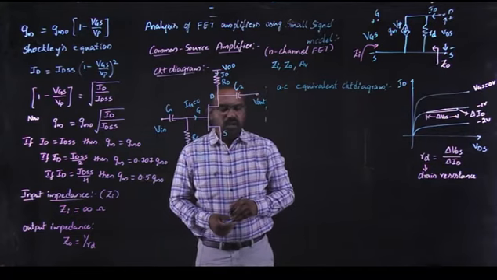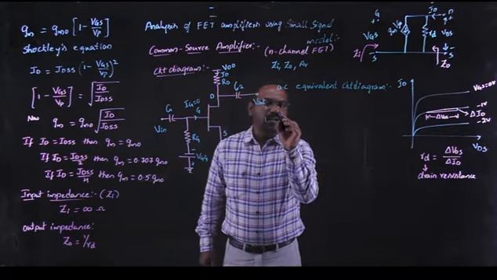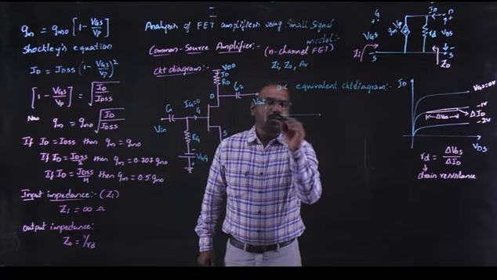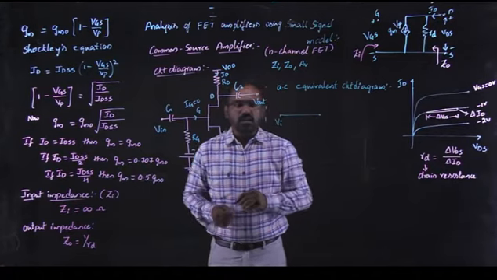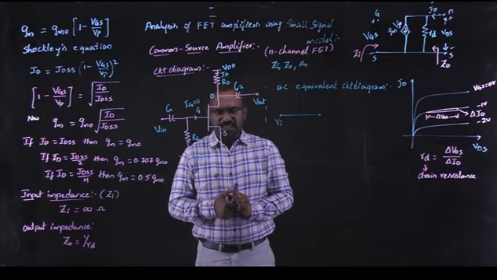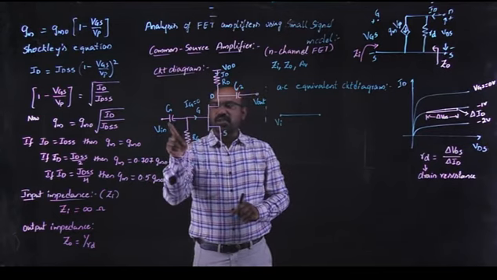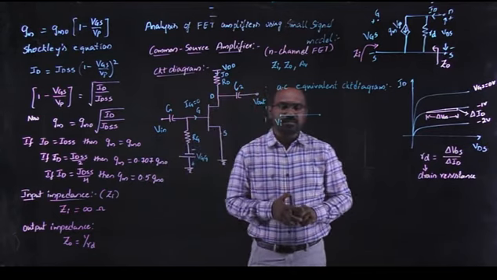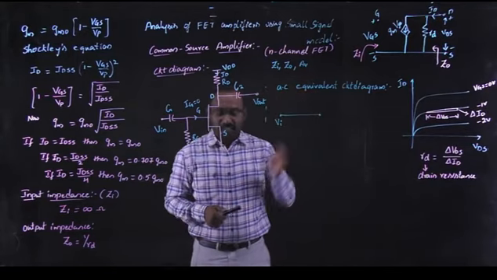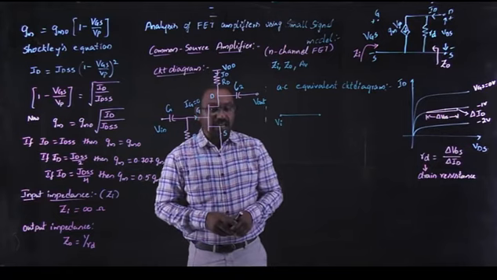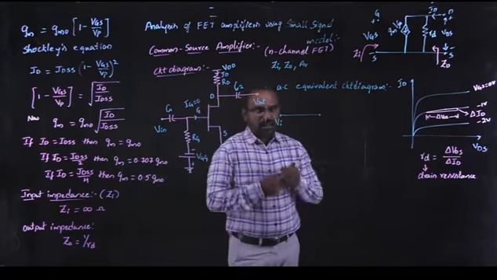Right? So at the input side, I will have my input Vi. While we are doing the AC analysis, we have to short circuit the capacitors. That is the reason why I have short circuited them. But in DC biasing, what I have done is open circuit. Right?